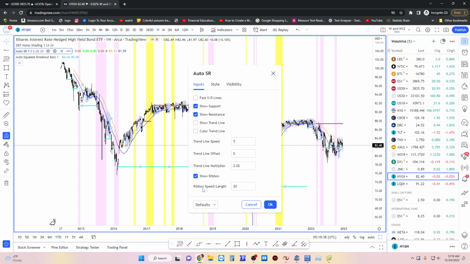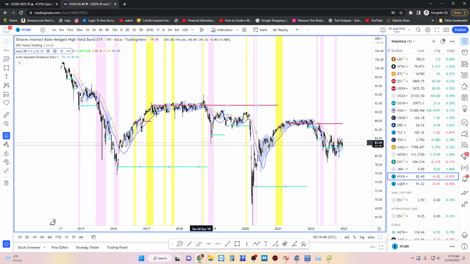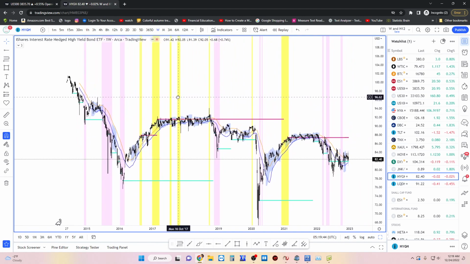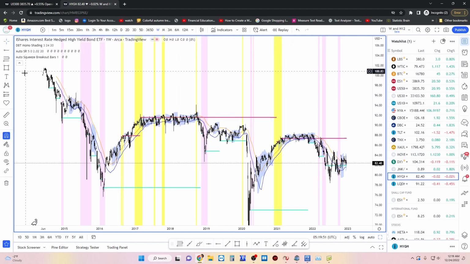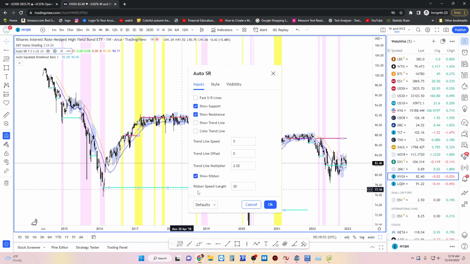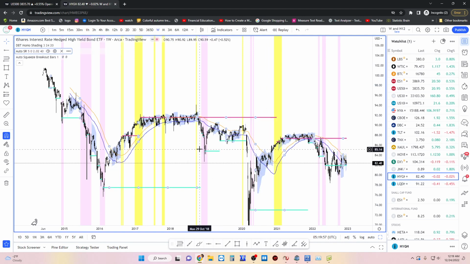And for the most part, I like the ribbon. Ribbon 20 is good. Ribbon 10 is good. But for the week, it's nice to use the 20. 40 is good. We could put on the 40. 40, I found out, is really good for traps.